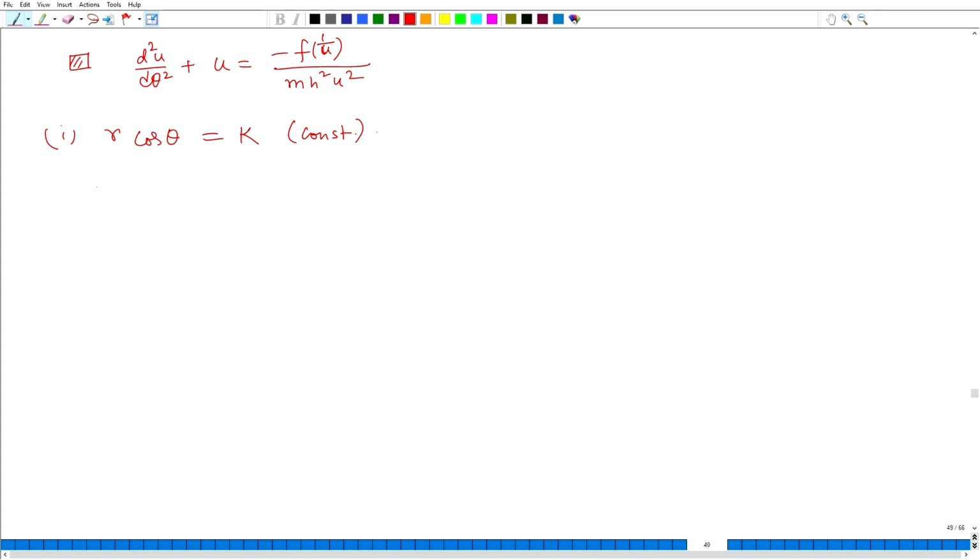I can start with a little easier one, and you tell me why I am taking that. r sec θ is equal to k, or maybe, just a minute, let me think.